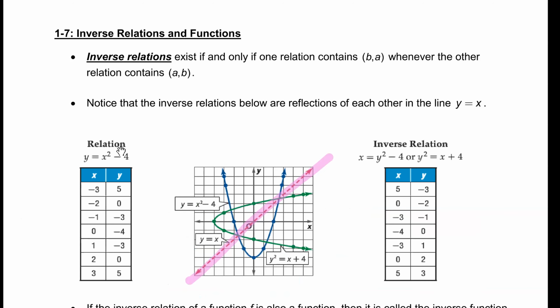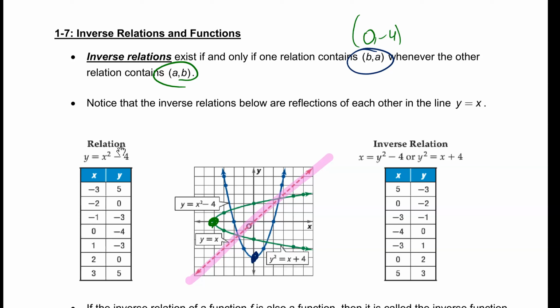First things first. Inverse relations exist only if we have a point b comma a whenever the other function has a comma b. So I made 2 points. I see a point 0 comma negative 4.